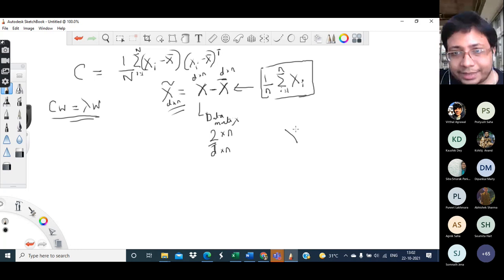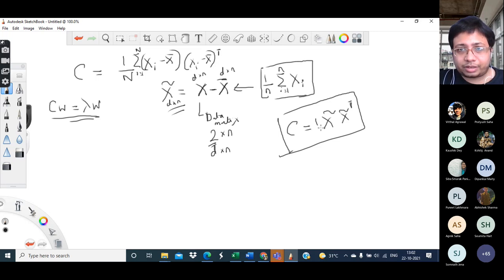Now x tilde I have defined in this way. So basically, I can define C as x tilde times x tilde transpose.